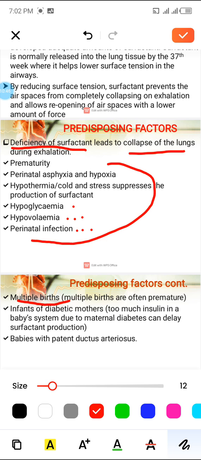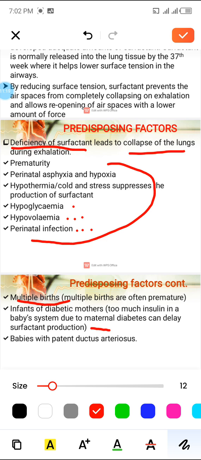Then we can also have what we call diabetic mothers. Diabetic mothers, when they're pregnant, their infants tend to be so big. But then what happens there? They're big and they would look mature, but then the production of surfactant will be low. Okay, so what happens is that too much insulin in the baby's system due to maternal diabetes can delay surfactant production.